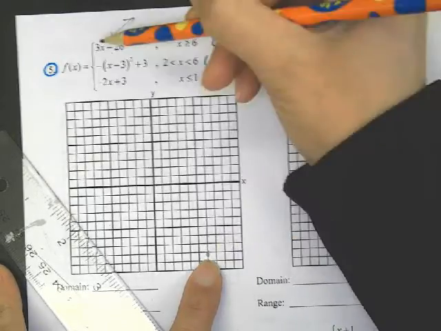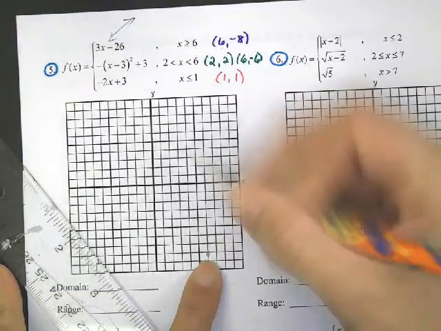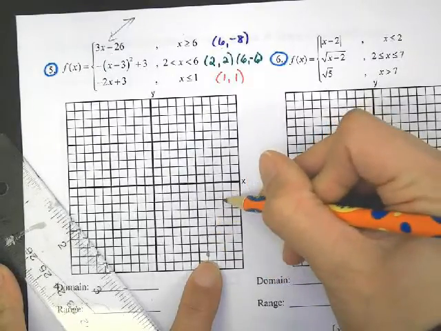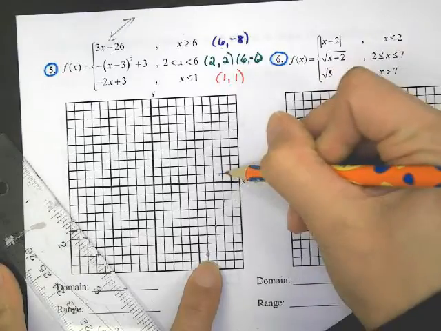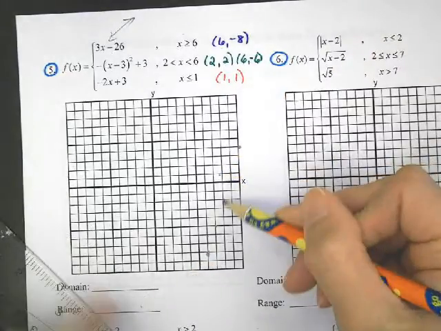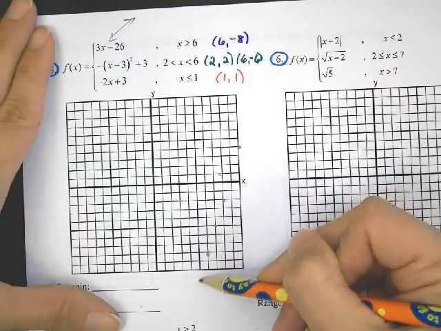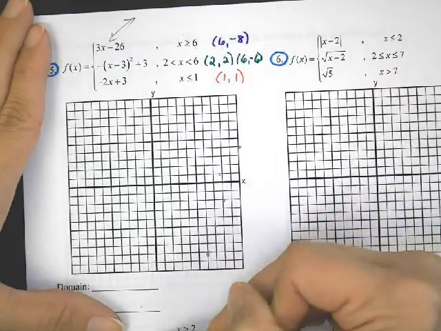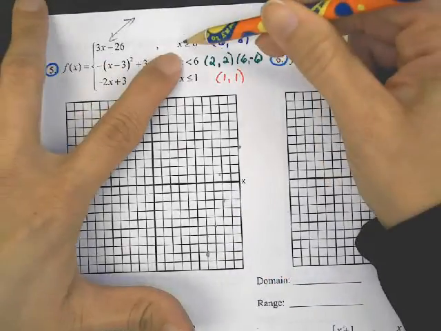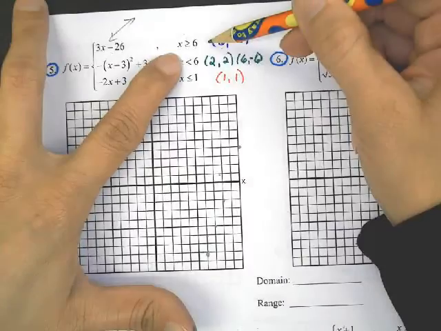And I'm going to use the slope, rise up 3 over 1, up 3 over 1, up 3 over 1, up 3 over 1. So if I kept going down, I agree, the y-intercept would be way, way, way off the graph paper. But I don't need that piece anyway, because I need numbers more than or equal to 6.